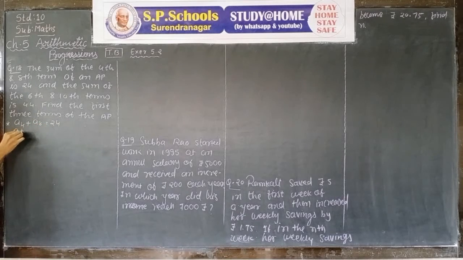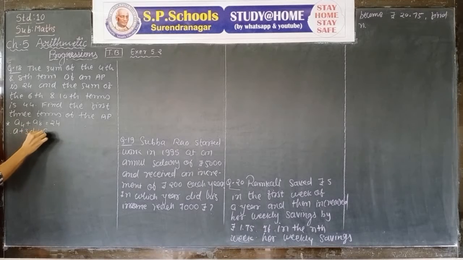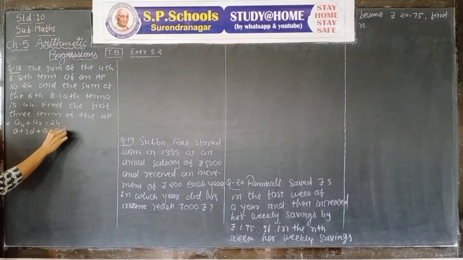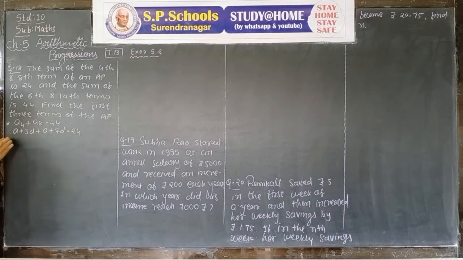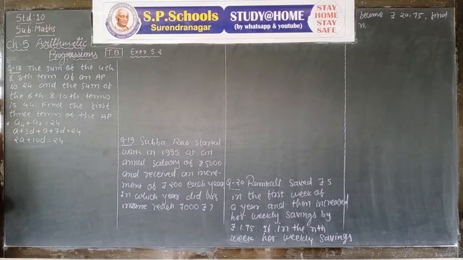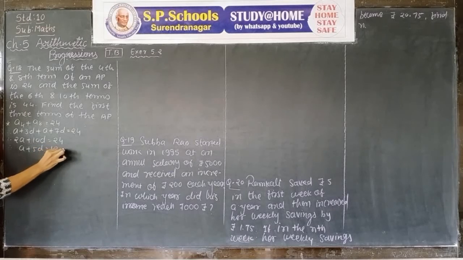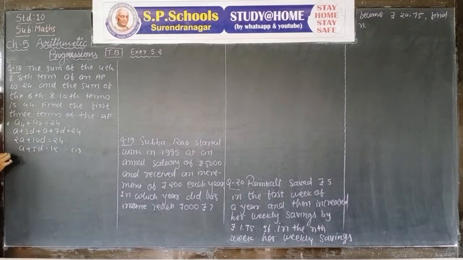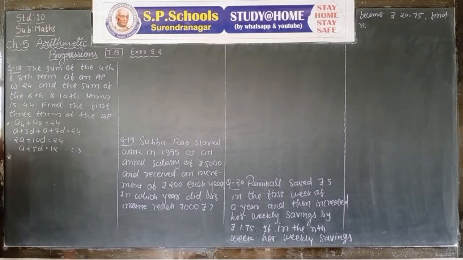A4 is equal to A plus 3D. A8 is equal to A plus 7D. Sum is equal to 24. Now A plus A is 2A plus 10D is equal to 24. Now here we are taking 2 as common. That's why A plus 5D is equal to 12, which is our equation number 1. In the same way, the second thing is given.